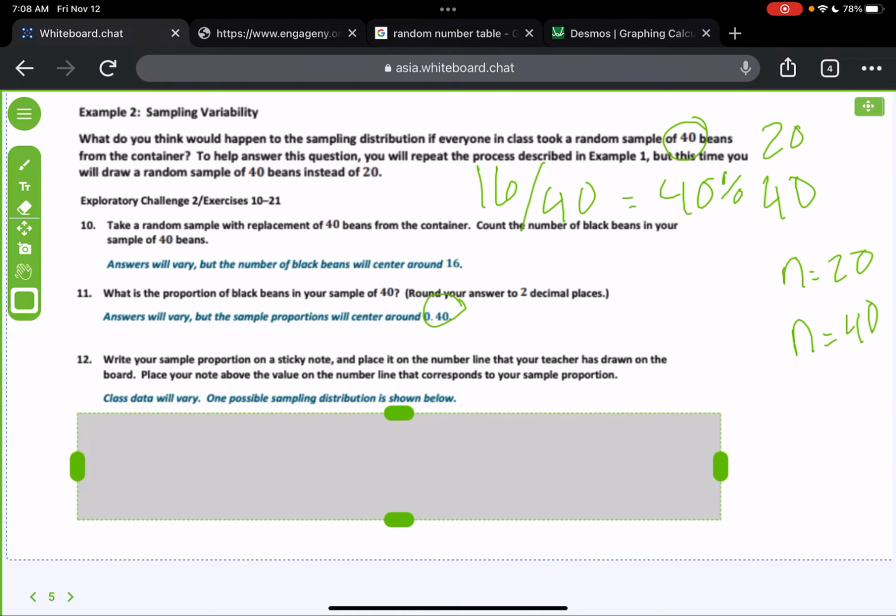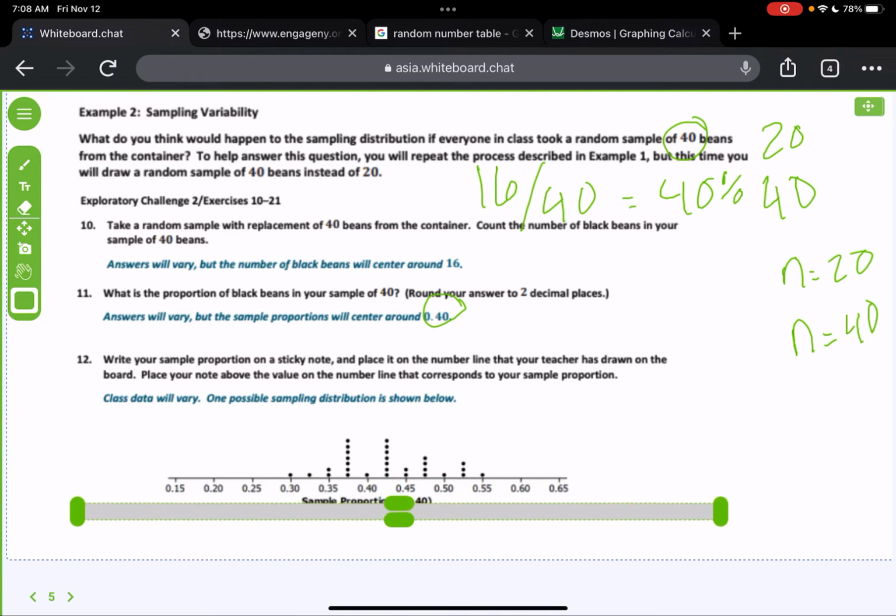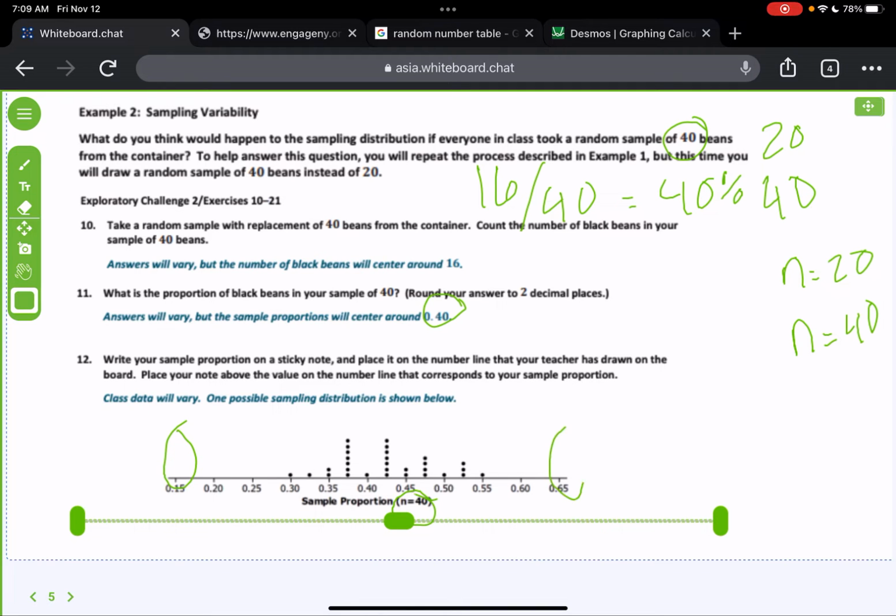Now we're going to do the same thing. We're going to make the chart. And now look what happens. Notice right here, we've got a sample of 40 instead of 20. Remember, we did have some down here at 0.15 and over here at 0.65. But notice what's happening.